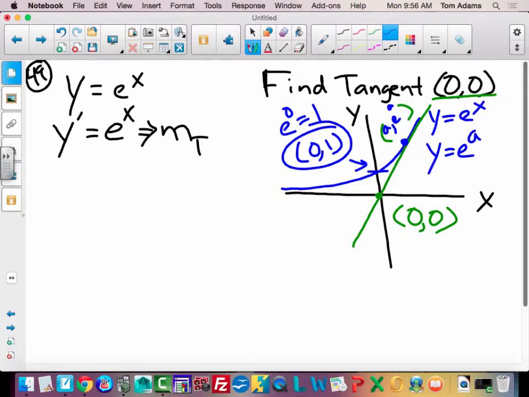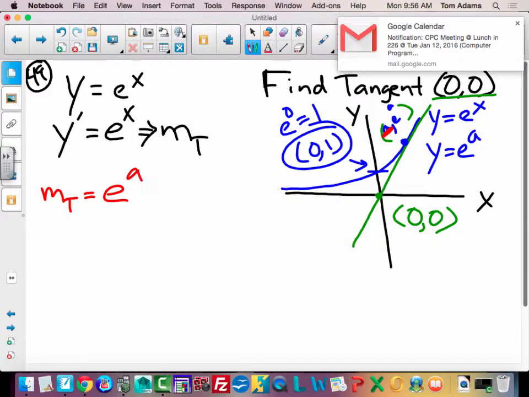So this is a little more complicated than we're used to. Normally in finding the tangent line, we would say that the slope of the tangent line is equal to e to the x evaluated at this x value. But the x value we don't know, so we're going to evaluate it at a and just leave it like that. So the slope of the tangent line is going to be e to the a, and so we want a number.